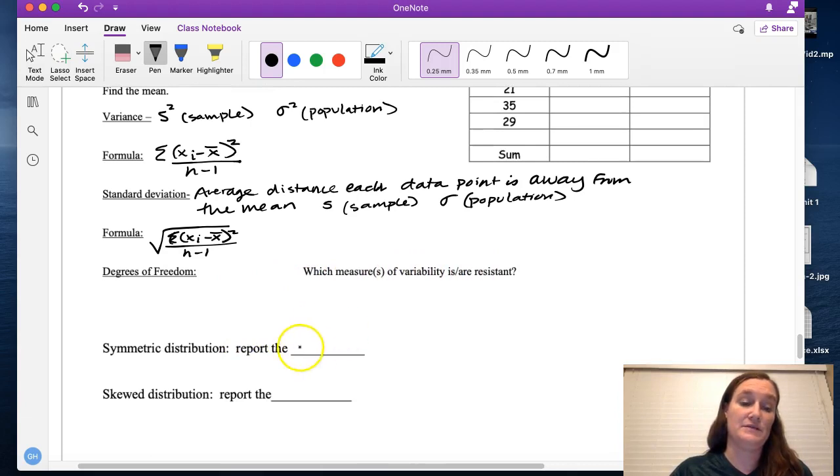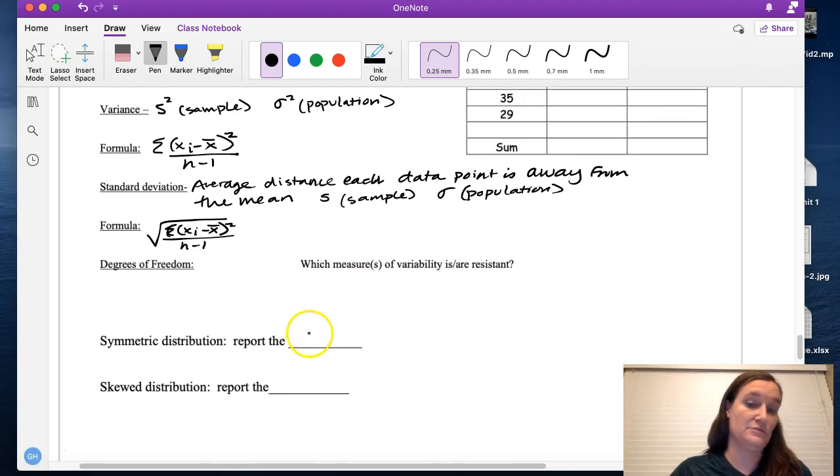And we already talked about what's resistant. So because of what's resistant, for a symmetric distribution, you will report the standard deviation. And here's where I'm going to abbreviate it, SD. It's not going to be the same as the interquartile range, but for a symmetric distribution, the mean is a better measure of center, so the standard deviation is also a better measure of spread.